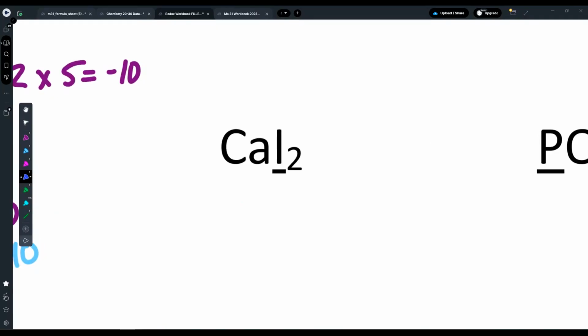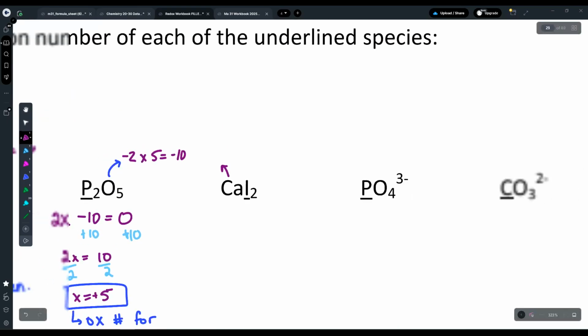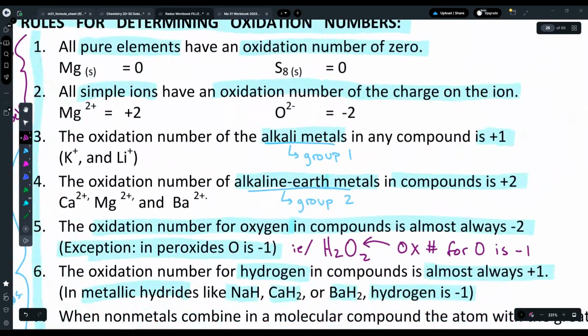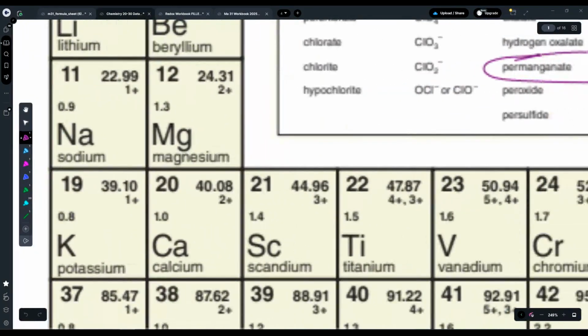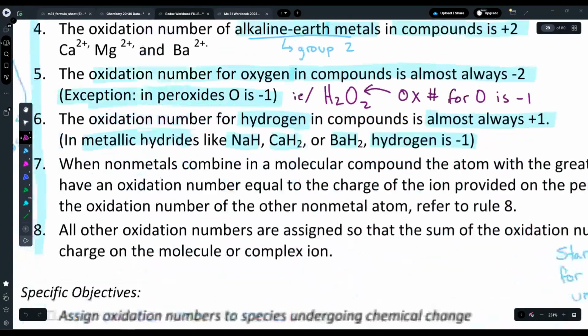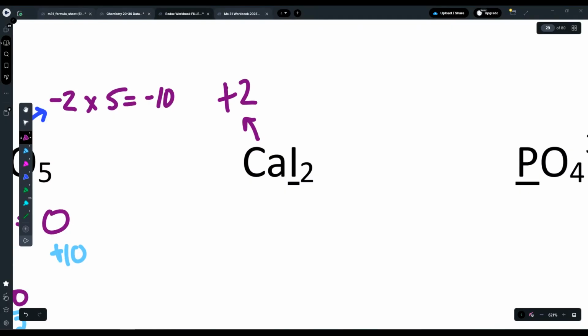For our next one, we've got calcium iodide. Calcium is one of our alkaline earth metals, so it's in group 2. To show you, it's right here. That's how we know the oxidation state of it is +2. And since there's only one of them, that's the total oxidation state coming from the calcium.